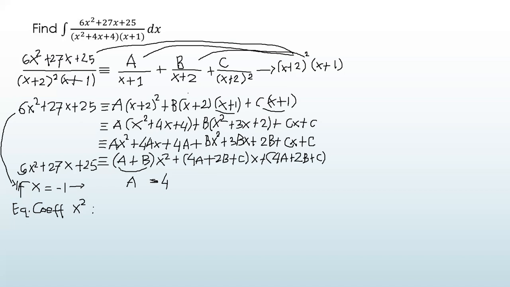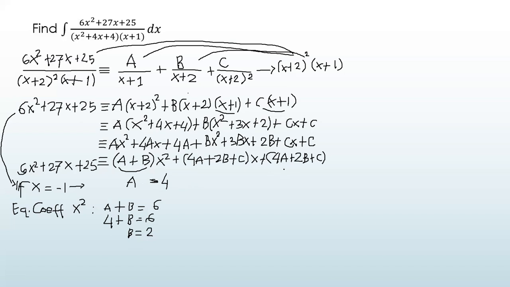A plus b is the coefficient of x squared, and also 6 is the coefficient of x squared, so a plus b equals 6. 4 plus b equals 6. It means b equals 2. We already found a and b.